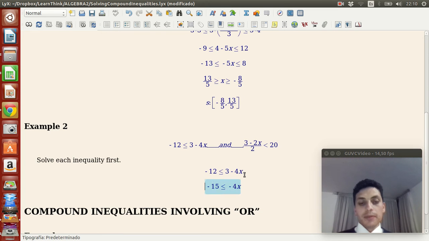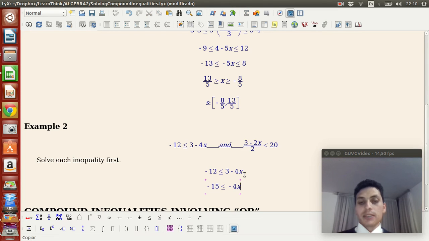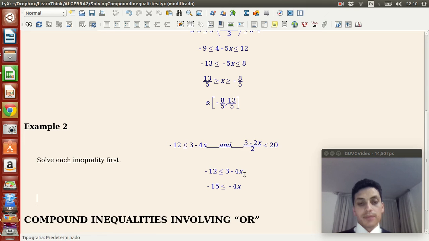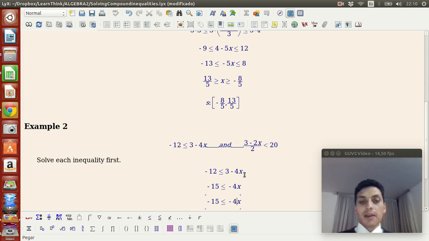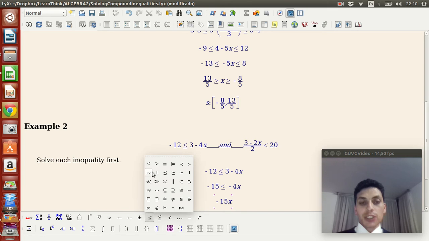The next step is to divide by minus 4. But remember, if you divide by a negative number, you have to change the direction.